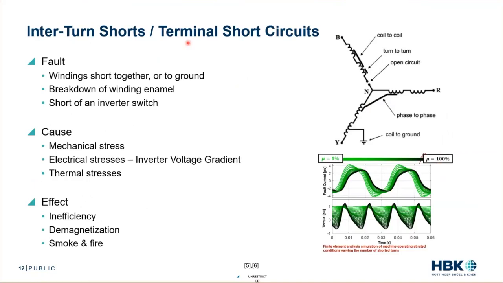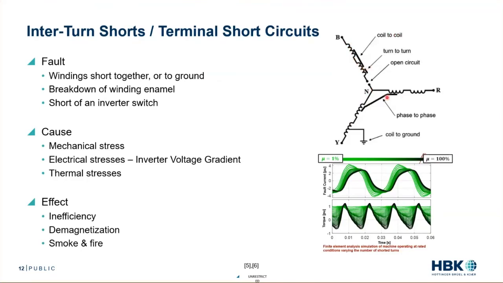Inner turn shorts and terminal short circuits. As I introduced in the previous slide, this is my electrical diagram of a motor. This is a 3-phase motor with a neutral. And we can have a variety of short circuits. We can have coil-to-coil shorts, where the lamination between 2 windings shorts together, and we get a fault path. We have turn-to-turn shorts, where the fault is happening between turns within the coils.